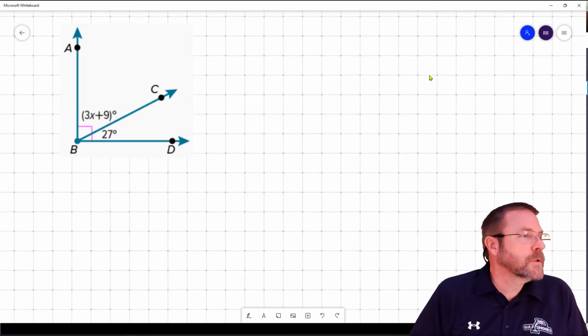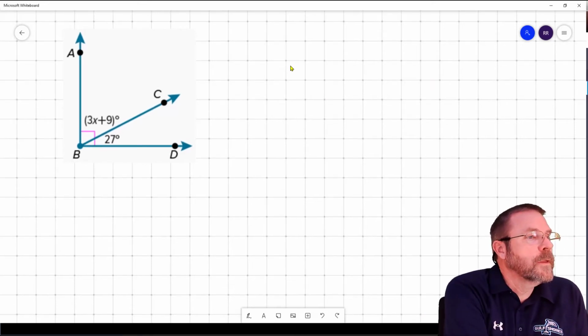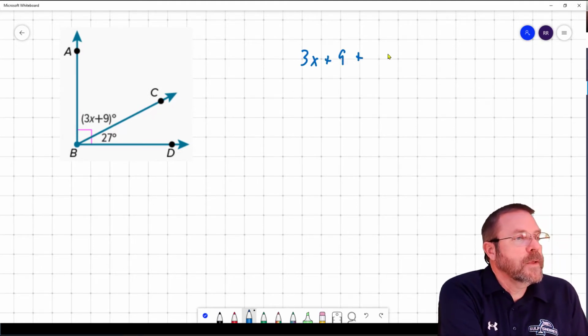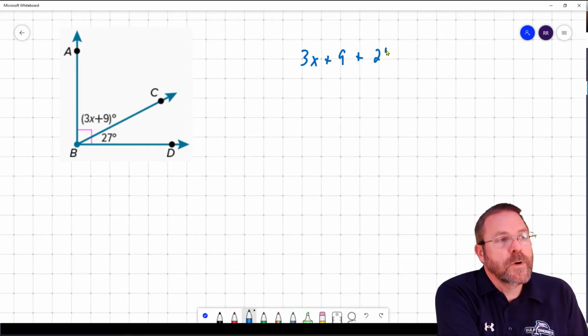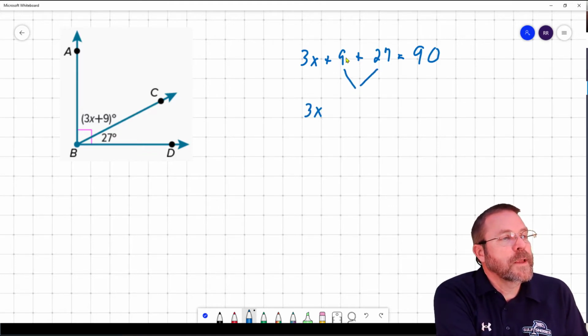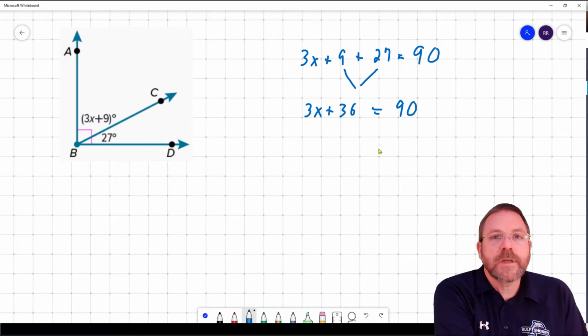It starts off with the first angle, 3x plus 9, add to that the second angle, 27, and all that combined is going to equal 90. I'm going to simplify, combining my like terms: 3x, 9 plus 27 is 36, and that all equals 90.